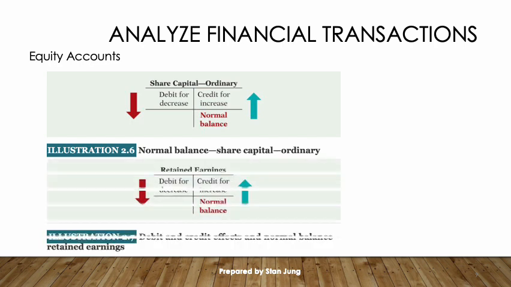The same applies to retained earnings, because retained earnings are also part of the owner's equity. We're going to show increases in retained earnings by making a credit. So the normal balance for retained earnings is a credit balance. And we're going to show decreases in retained earnings with a debit.